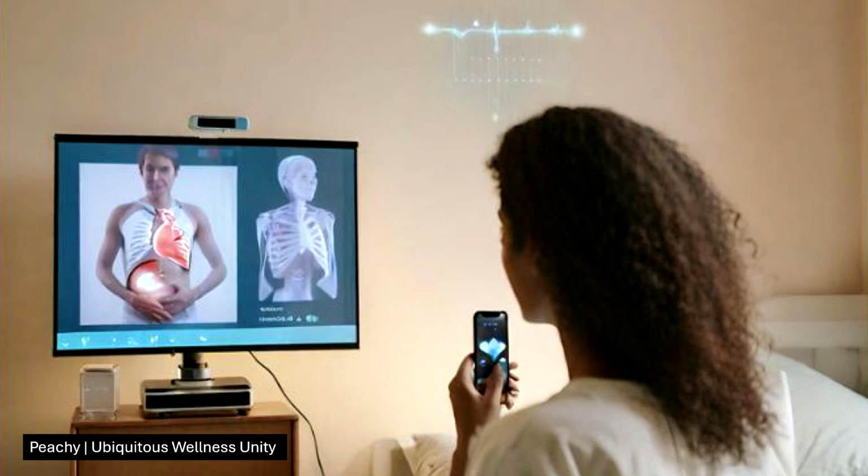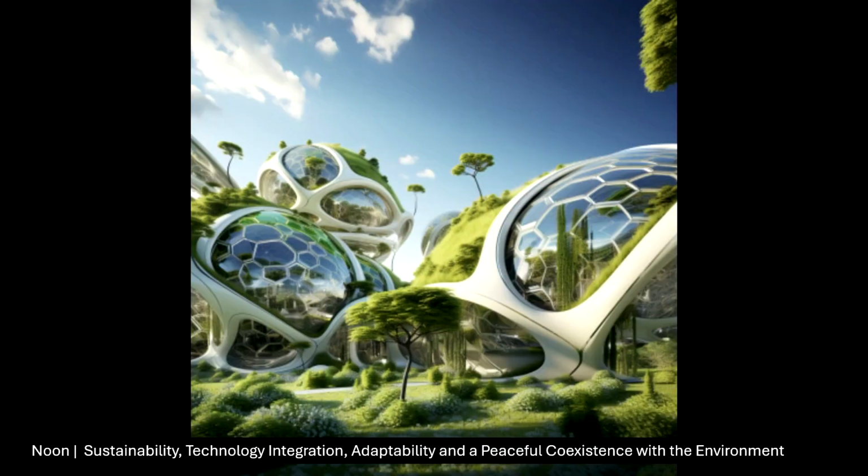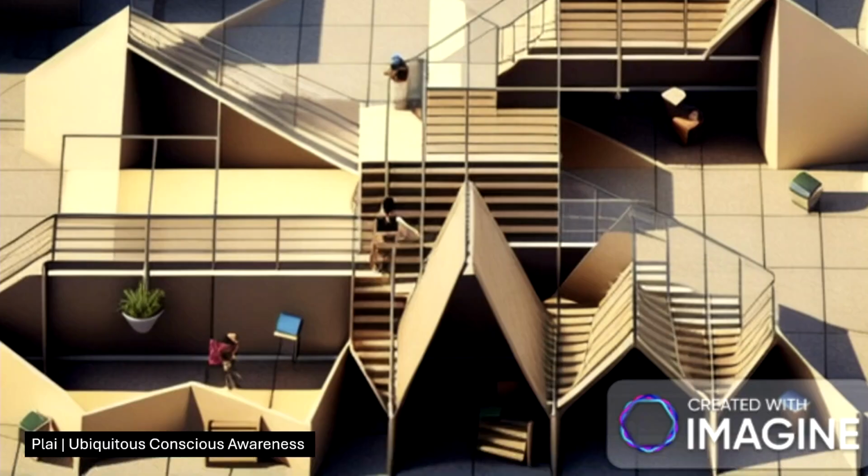A lot of students are really into healthcare and using applications, really into climate responsiveness, and have these stacked slum-like structures. It's very Bangkokian. Others obviously typed in this Belgian architect, what is his name again? It's very similar to it.